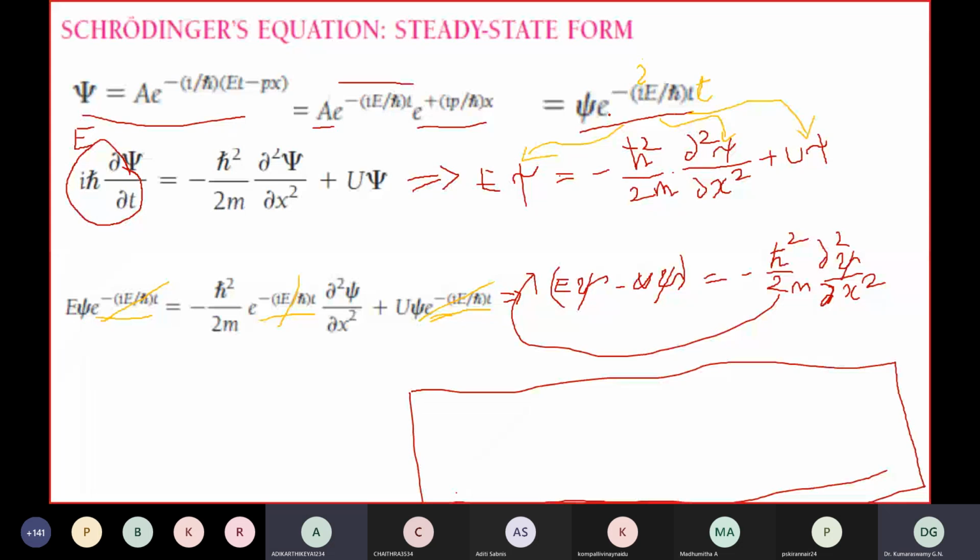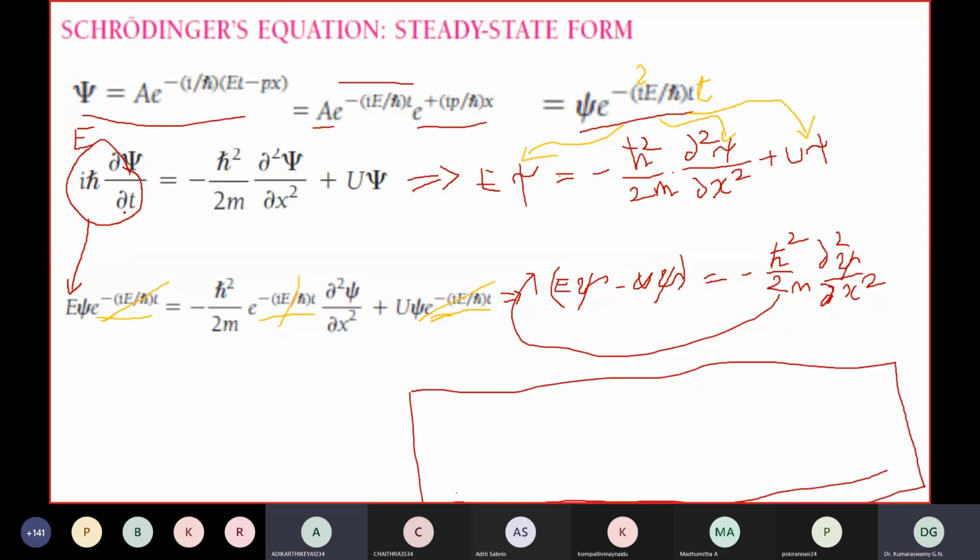That is why, instead of i h cross dou by dou t, I have written it as E. See here, I have replaced this with E. They are equivalent. And here, this doesn't depend on t, so I have put it as E. We can write it, not an issue. Sir, dou by dou t should always differentiate, it is a function.